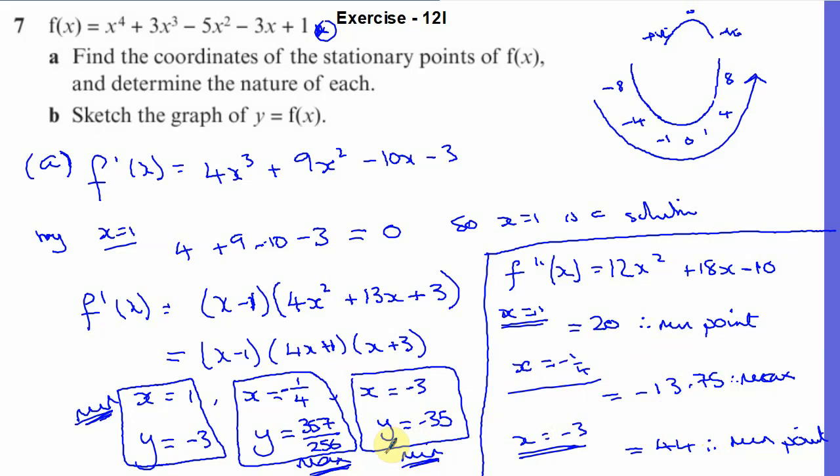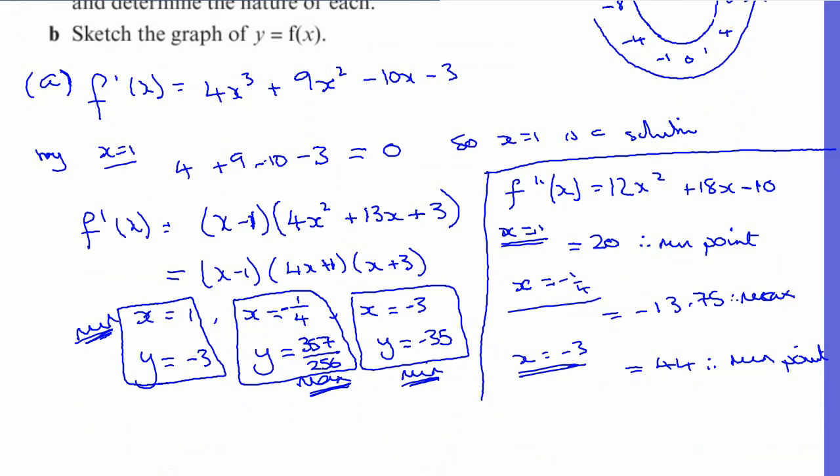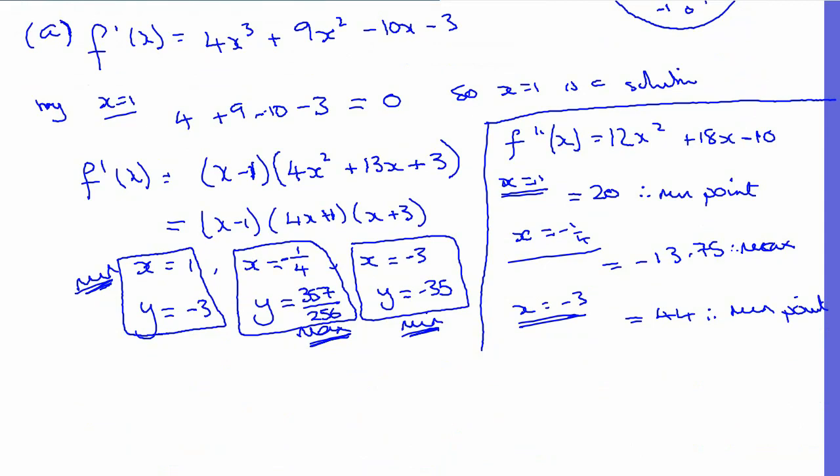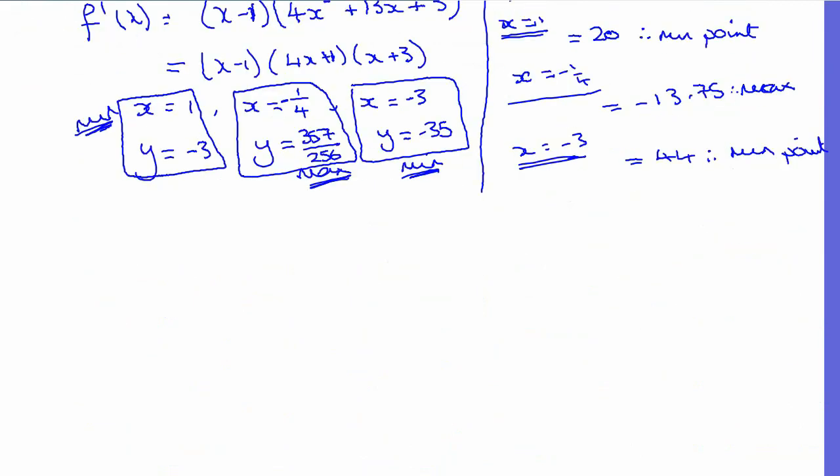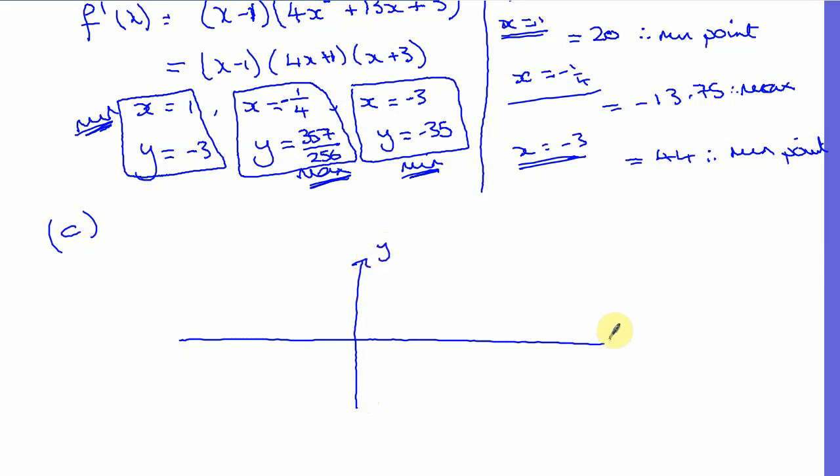Part B, asking us to sketch this graph. So I'm going to scroll down a little bit and we're going to see if we can sketch this. We've got quite a lot of information for this. Draw yourself an axis, this is going to be pretty terrible to be honest. We've got our minimum and maximum points, so we've got a minimum point at 1, minus 3.